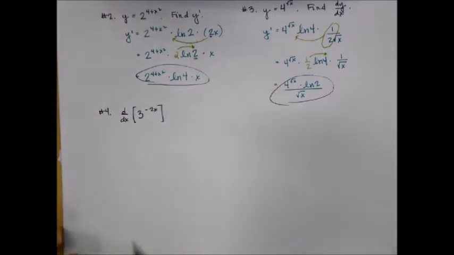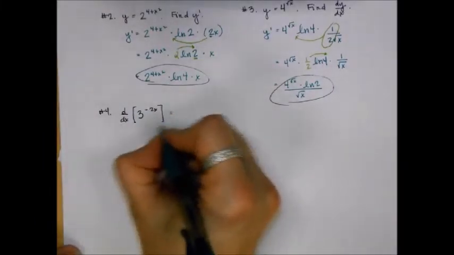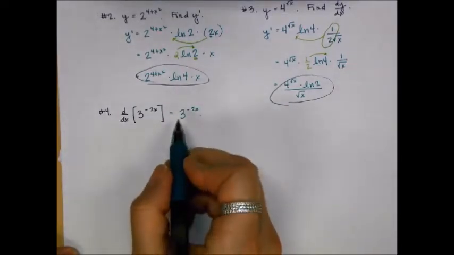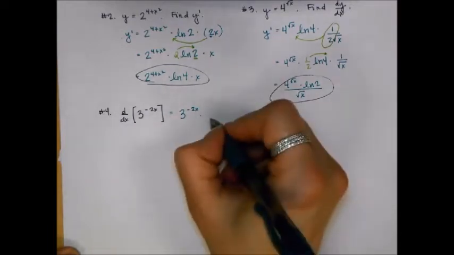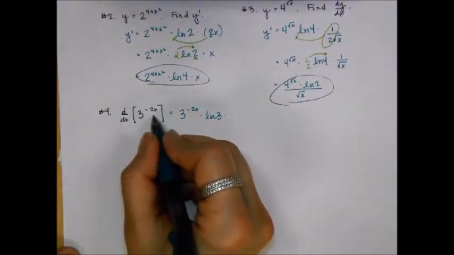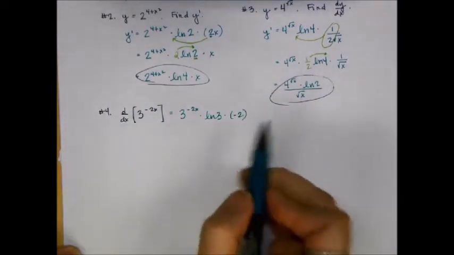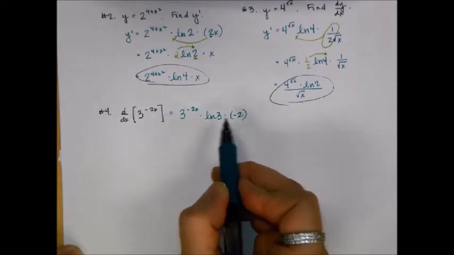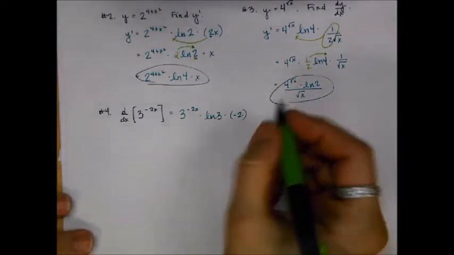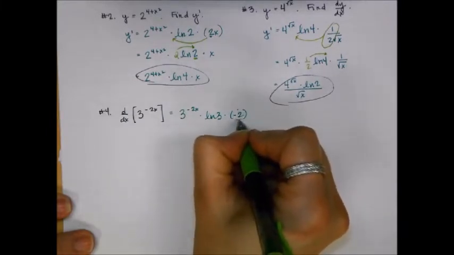We're going to start with a copy of what we started with, 3 to the power negative 2x, multiplied by the natural log of our base, followed by the derivative of our exponent, negative 2. So this time I've got a negative 2 that I can move as the coefficient. All right, so negative 2, we're going to bring it in front of our natural log.